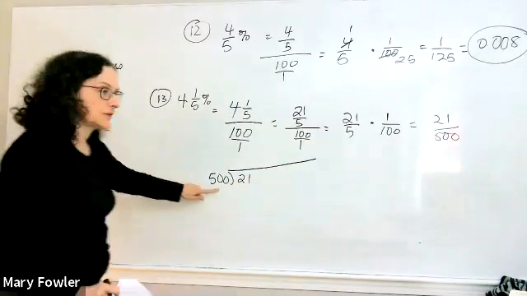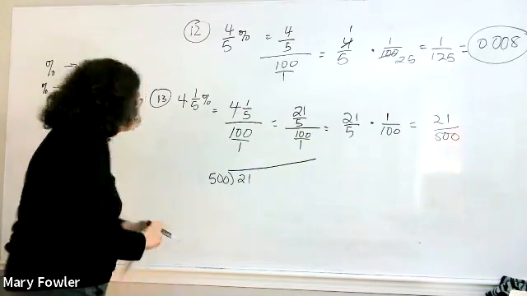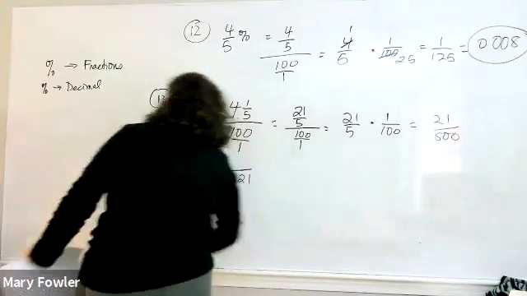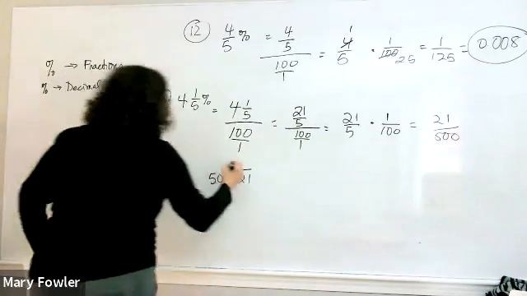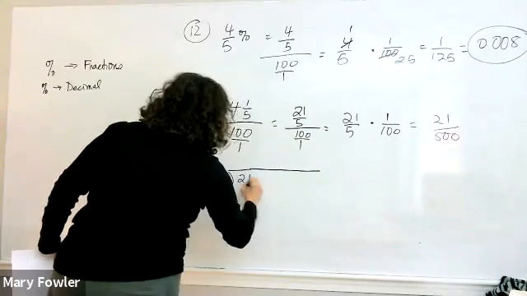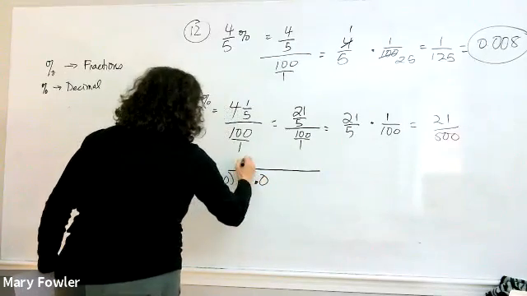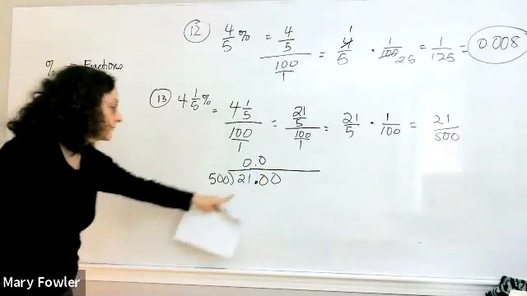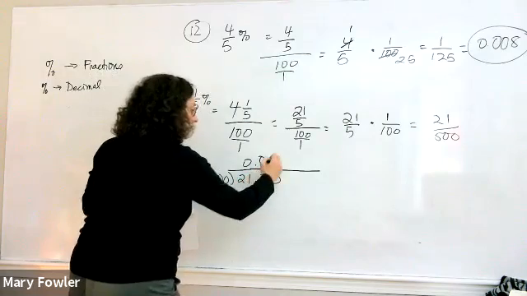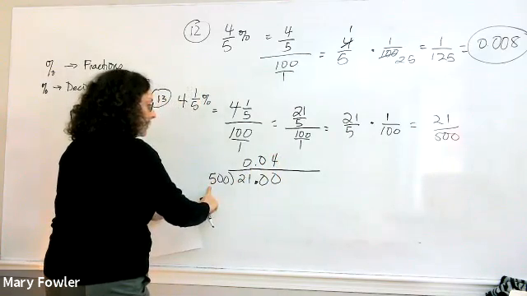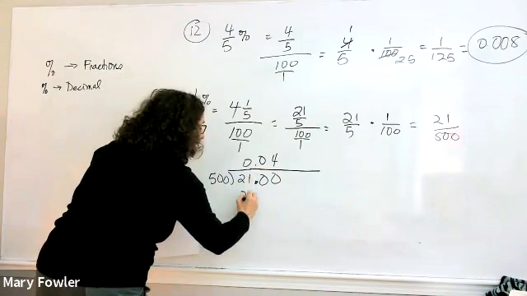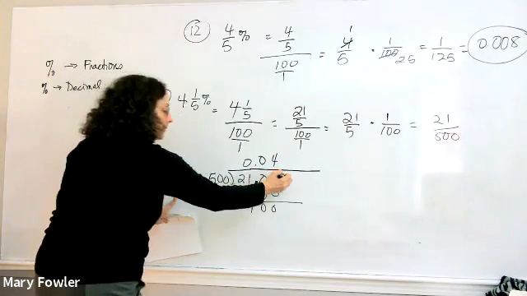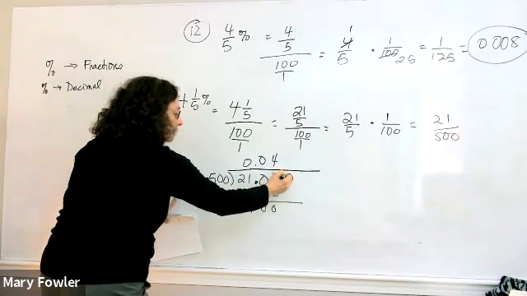Okay, so how many times does 500 go into 21? None, so that's why we're going to use some decimal points to help us out. Okay, try one more. There you go. So 500 does go into 2,100 4 times. 500 times 4 is 2,000. Bring down the 100. And now we're going to bring down one more 0.